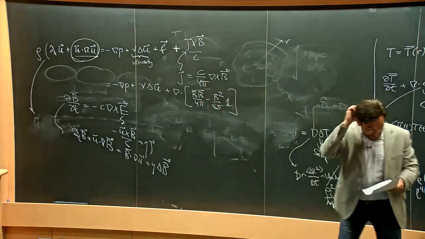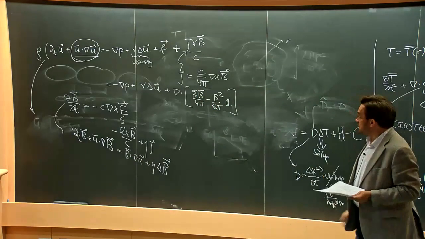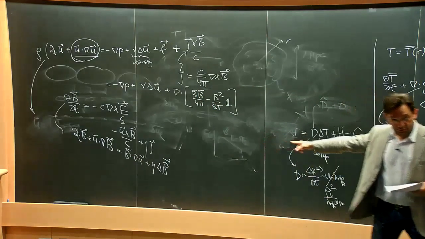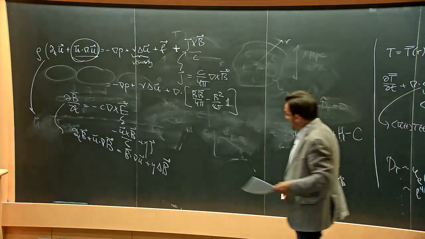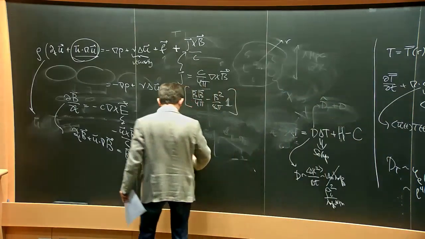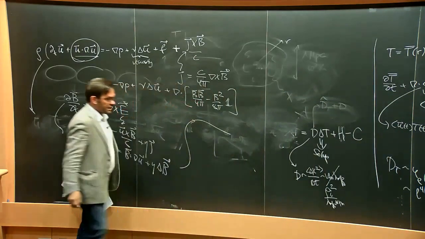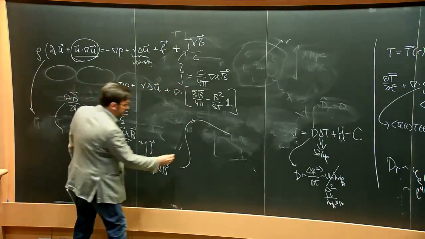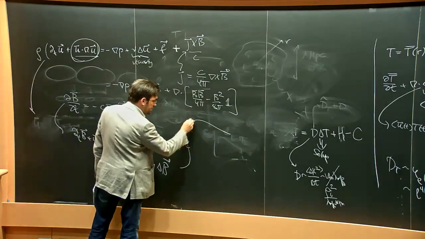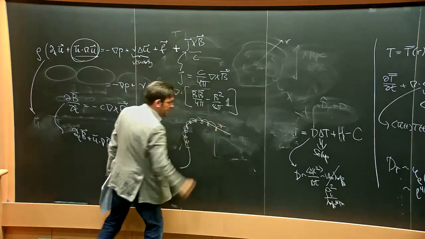So it turns out that magnetic field in a collisionless plasma is actually an even more pernicious object than it looks here. And the reason it's a more pernicious object is because particles follow it. If this is a magnetic field line, particles do, roughly speaking, this to lowest order, right?